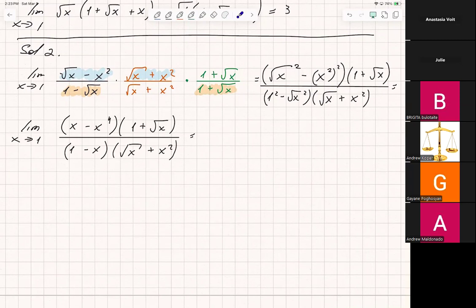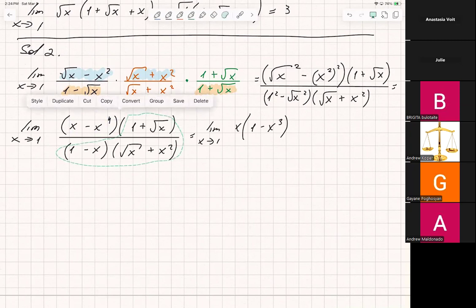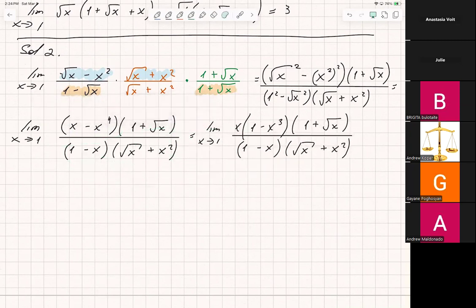Now, I want to factor out x from the first factor and see what I get. Okay, so I have limit as x approaches 1, x times 1 minus x cubed, and I hope you don't mind if I just duplicate the rest. Okay, so what I did is only factored out from the first factor in the numerator.